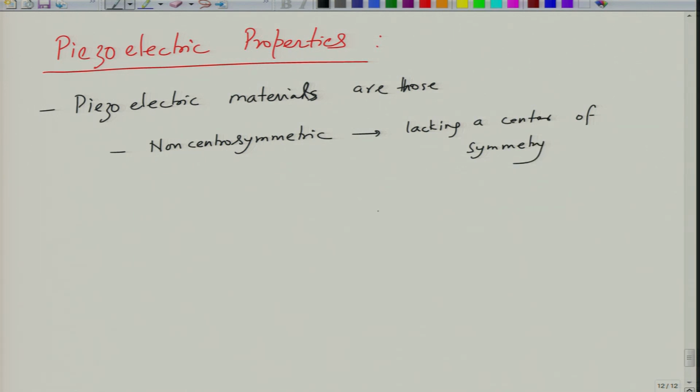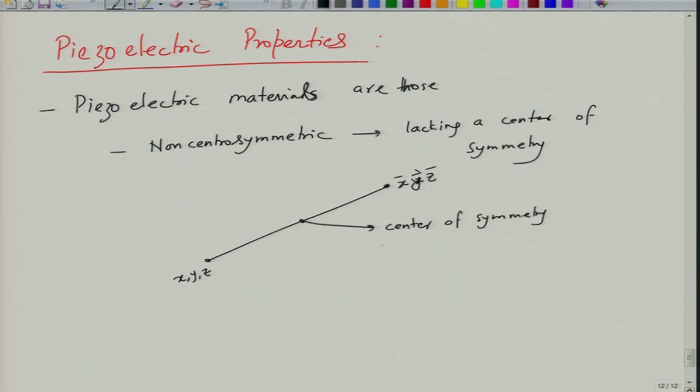So, what does it mean? It means that, let us say you have a point x, y, z and another point minus x, minus y, and minus z. If you have a center of symmetry, then if you do an inversion operation, x, y, z can be replicated to minus x, minus y, minus z.